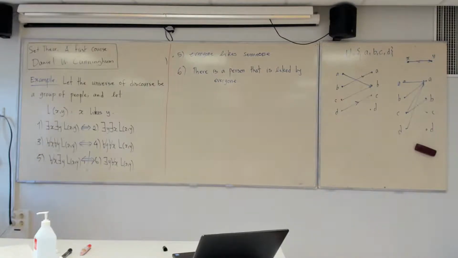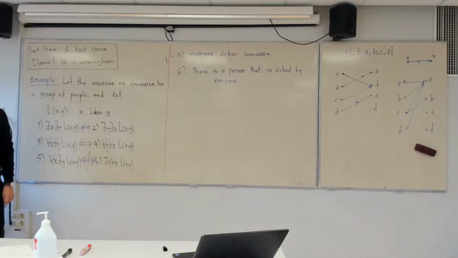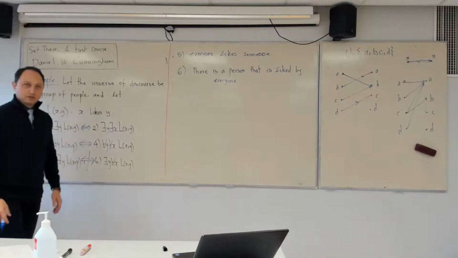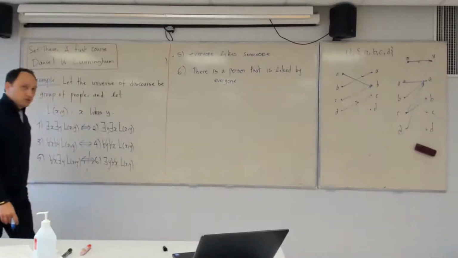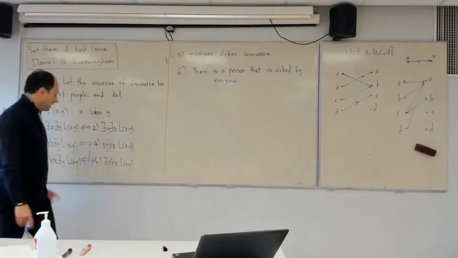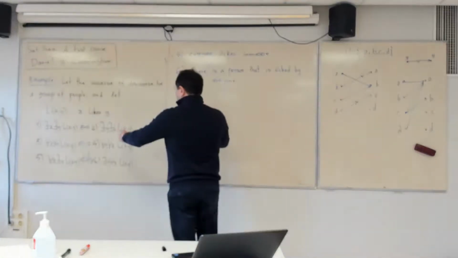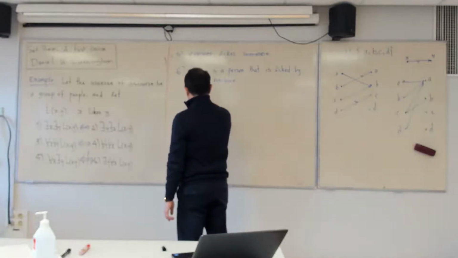And if you think a little bit more, you can see that there is no way to draw a diagram where this is true and this is false. It's not possible. You cannot draw any diagram where number 6 is true but number 5 is false. So what I'm trying to say is that these are not equivalent, but the last one, number 6, implies number 5.